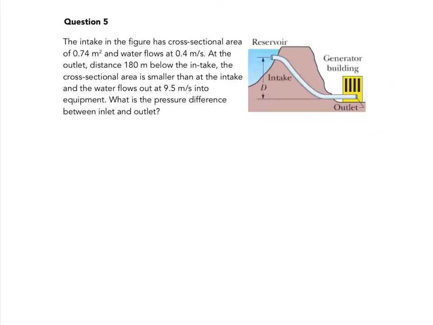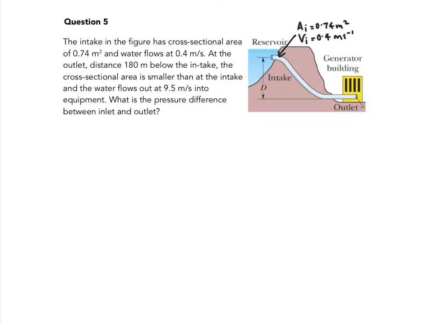We've got a reservoir here connected to a generator building by a piece of tubing that has an intake and an outlet. So the intake here has a cross-sectional area of 0.74 square meters, and it's got a velocity there at the intake of 0.4 meters per second.